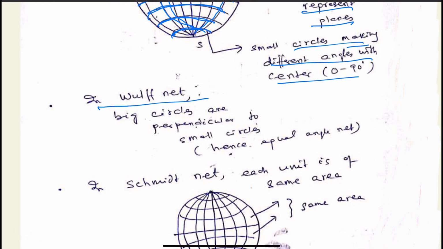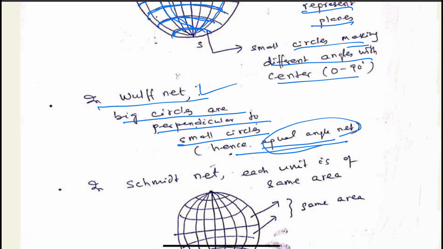Small circles. In the Wulff net, the great circles are perpendicular to the small circles. Hence, in the Wulff net, we have the angular relation between the great circle and small circle at right angles. So that's why it is called the equal angle net or Wulff net.